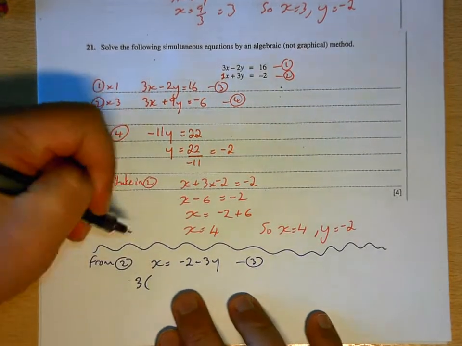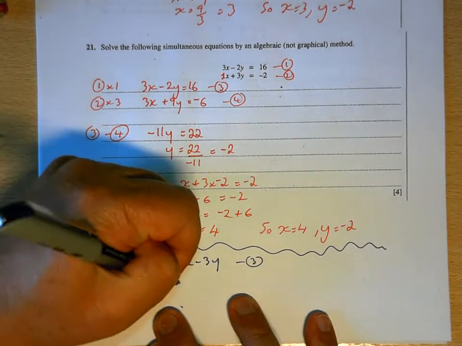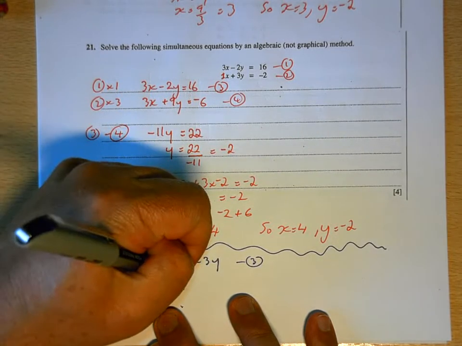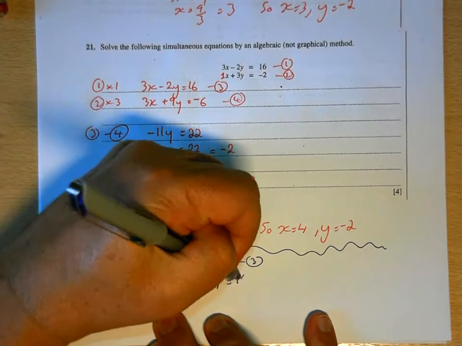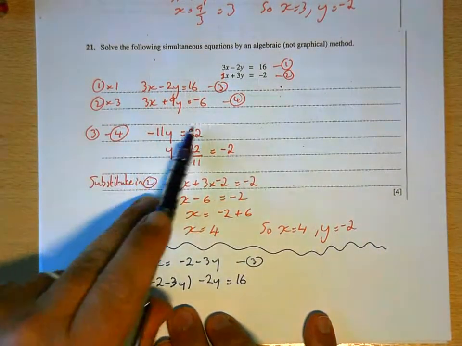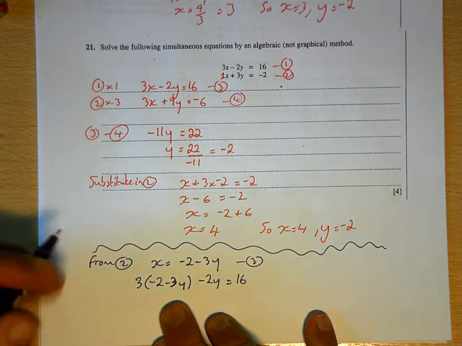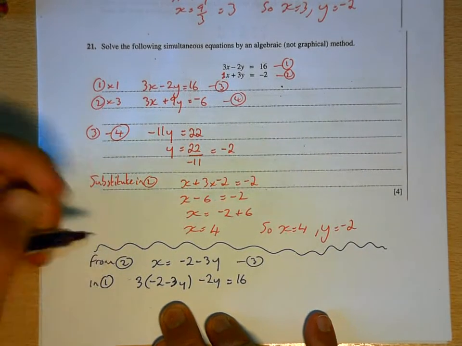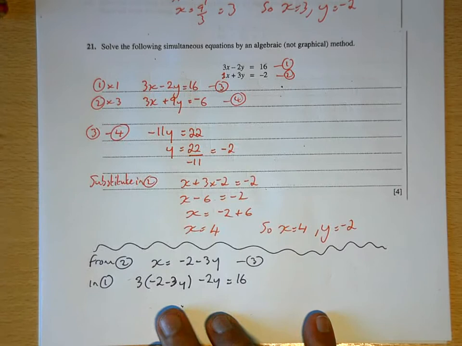So 3, instead of x, negative 2 take away 3y, take away 2y equals 16. So I've rearranged the second equation to give me x equals, and then in the first equation, rather than writing x, I can write it now as negative 2 take away 3y.